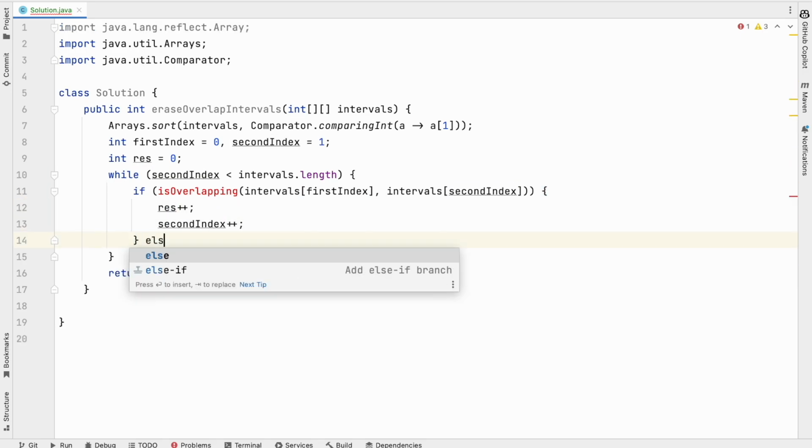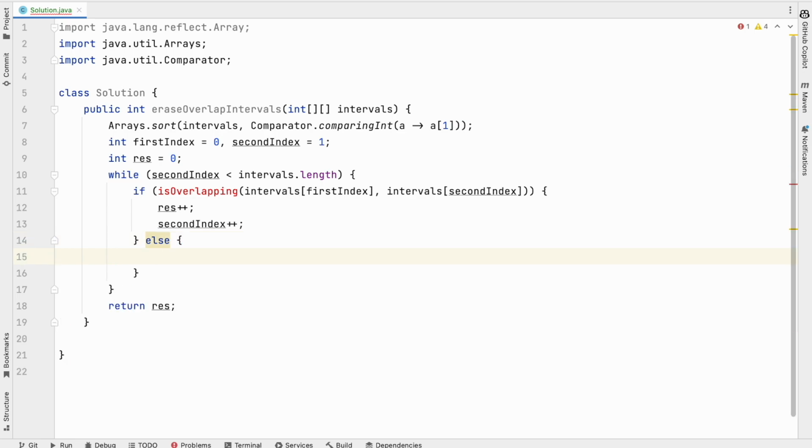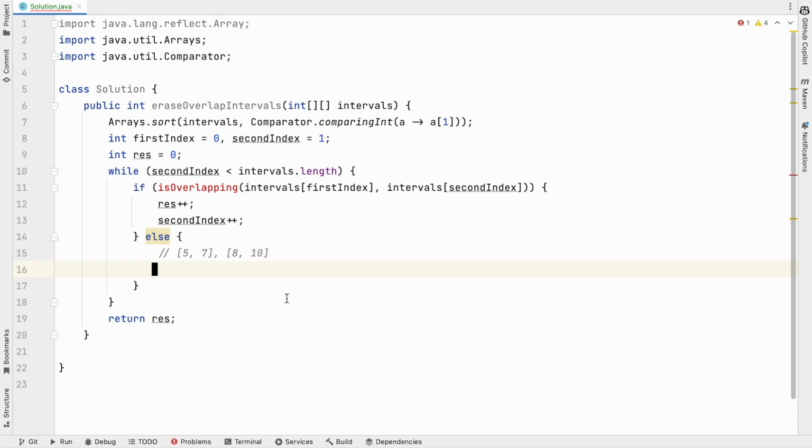And if there is no overlapping, such as 5, 6, and 8, 10. In this case, suppose first index points to 5, 7, second index points to 8, 10, and we have another interval 12, 15.